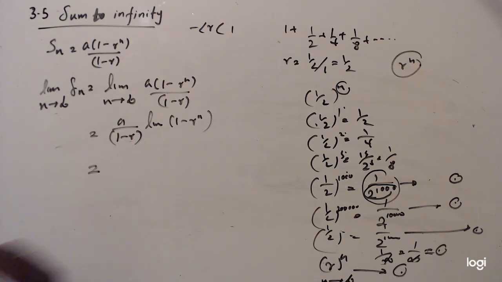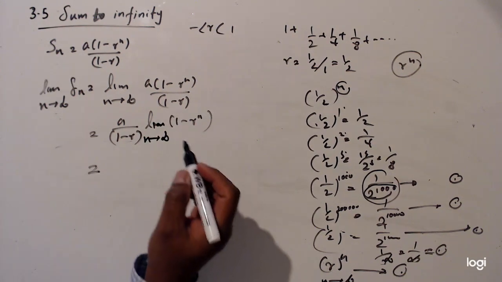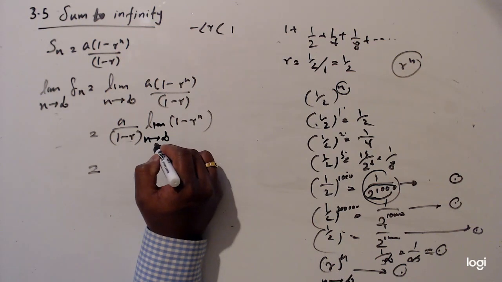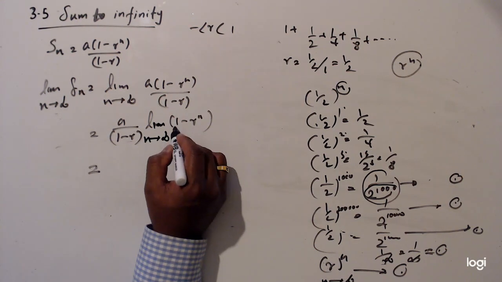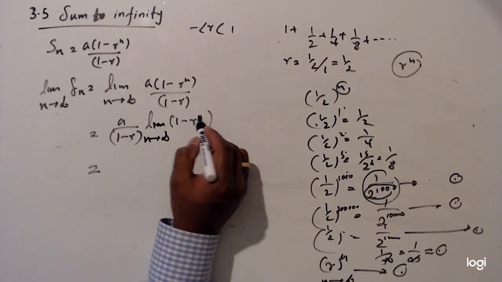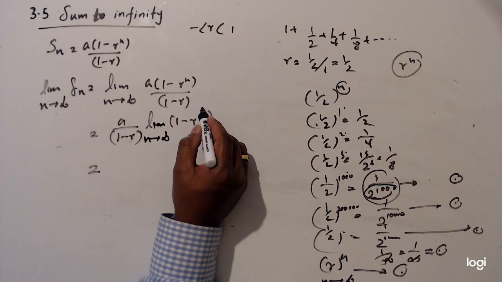Now what will happen to the limit as n goes to infinity? The 1 is as it is, there is no n. The r to the n value, we found, goes to 0.